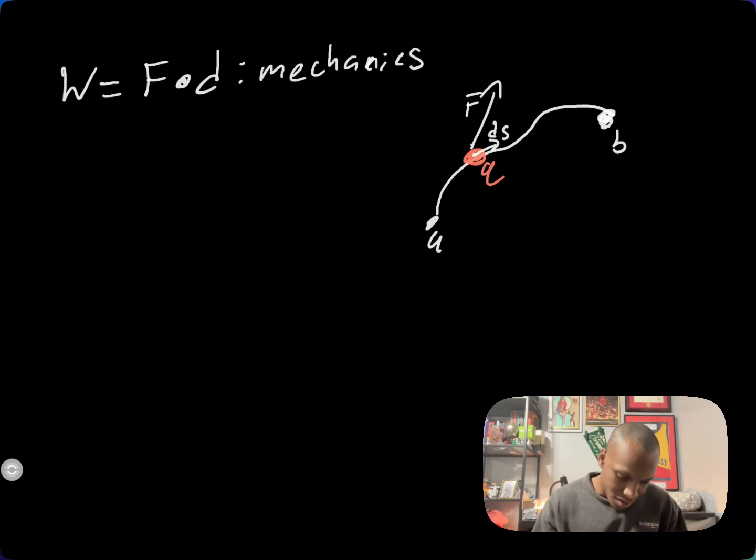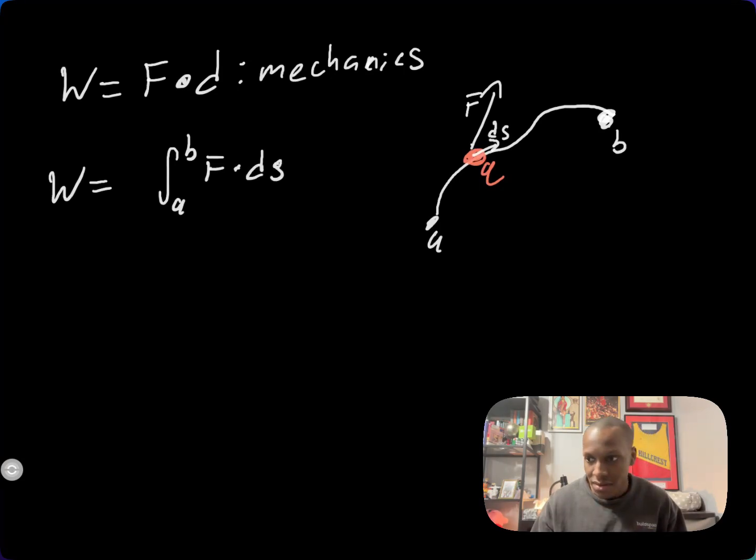So our equation for work is going to be W equal to an integral from point A to point B of the force that we apply times the displacement vector. So it is the force applied along this small infinitesimal displacement vector, and that's done for every point along the path from A to B.